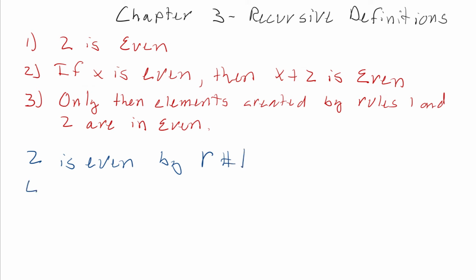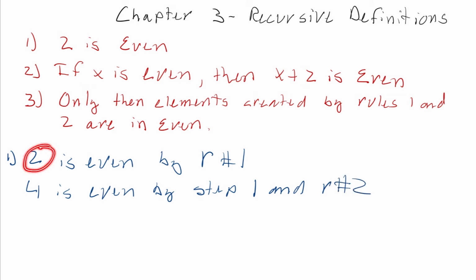Then 4 is even. And I'm going to call this step 1. We could say 4 is even by step 1 and rule number 2, because 2 is even, so we can substitute 2 in for x and get 4.